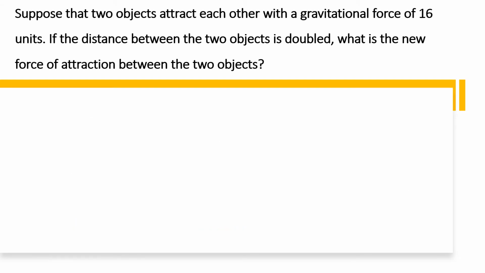Okay, di ba ito yung problem na binigay ko kanina? So, yung problem na binigay ko kanina na sinolve natin, without doing the solution, we can find the right answer for this problem by merely reflecting on the concept of universal gravitational law.